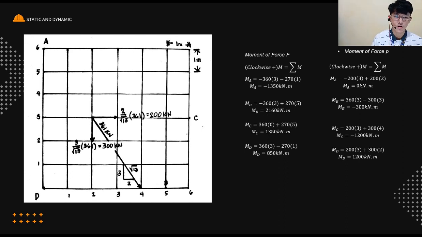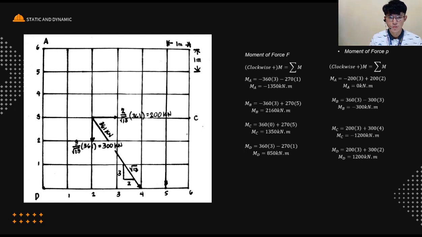So, ang next naman po natin gagawin after makuha yung x and y component ng dalawang force, magmo-moment po tayo. So, moment of force F, pag clockwise po is positive. So, pag counterclockwise naman po is negative. So, moment of force F equals summation of moment.